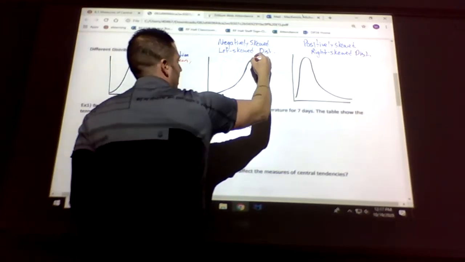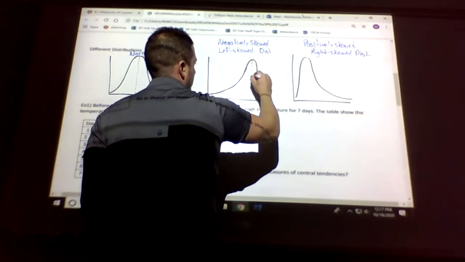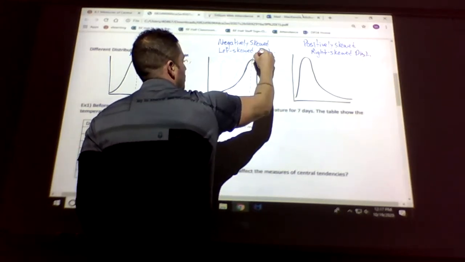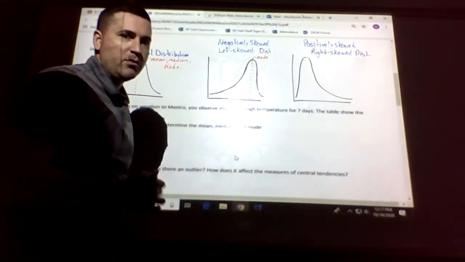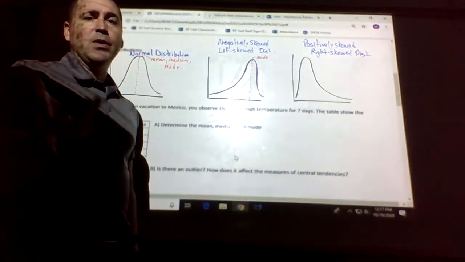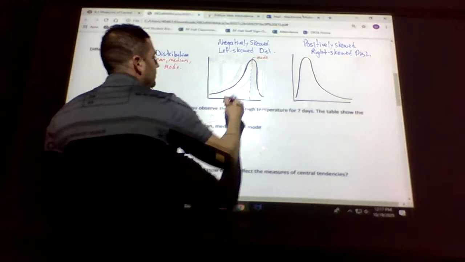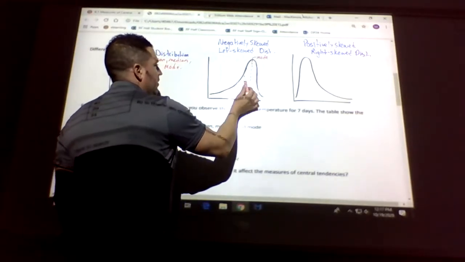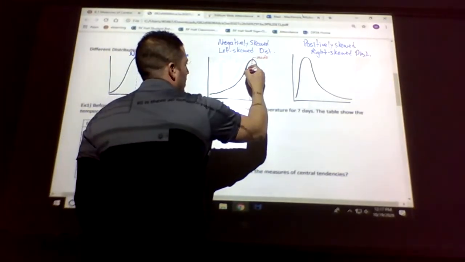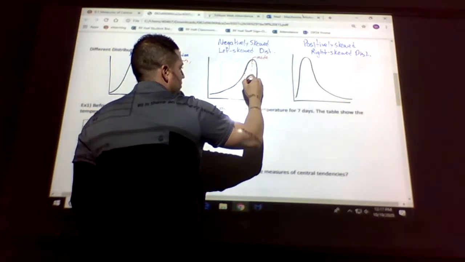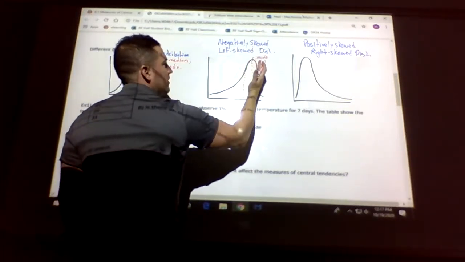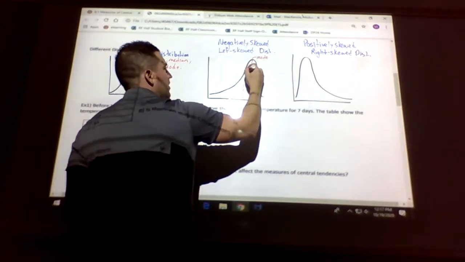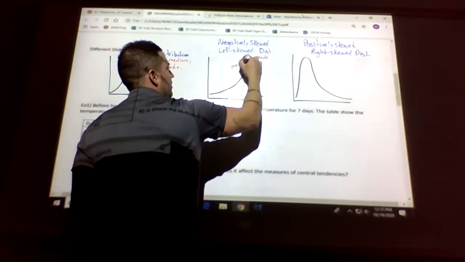Here, most students are here, which is our mode, the most frequent result, say about an 80 average. But we have these students over here that are struggling. So instead of the mean, median, and mode being together, the mode's here, and the middle student is over here, which is the median.